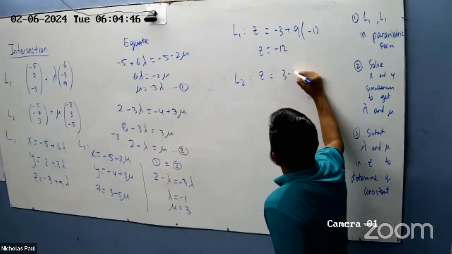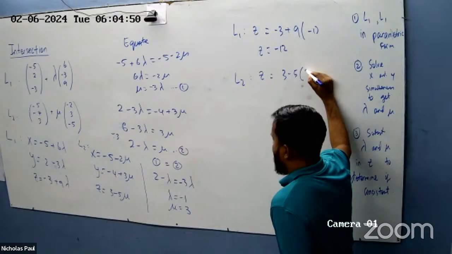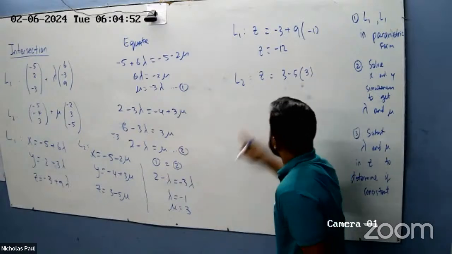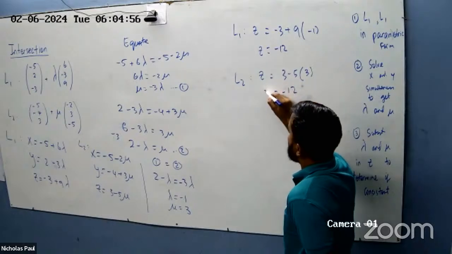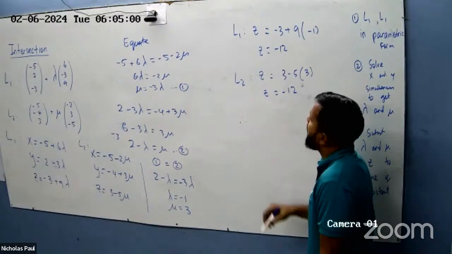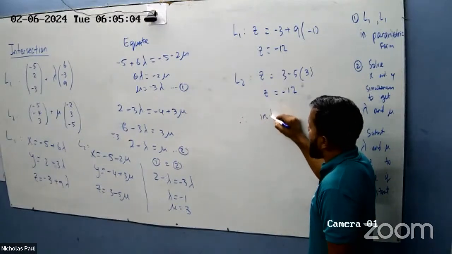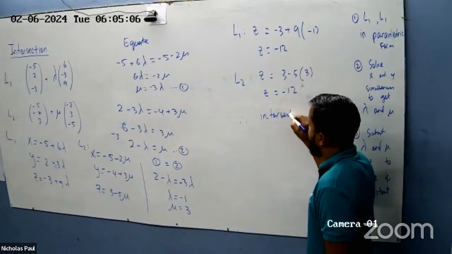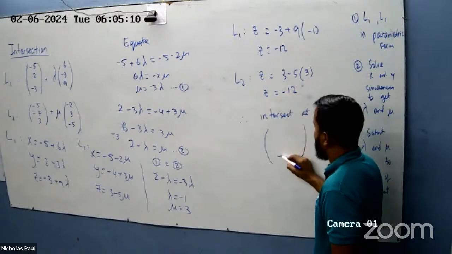So that'll be 3 minus 5 by 3. Mu is 3, right? Minus 15. 3 minus 15 is minus 12. Okay? So therefore we know z is the same, so therefore they intersect.